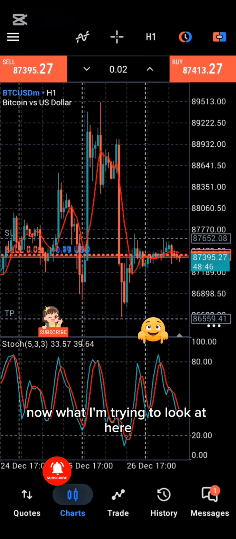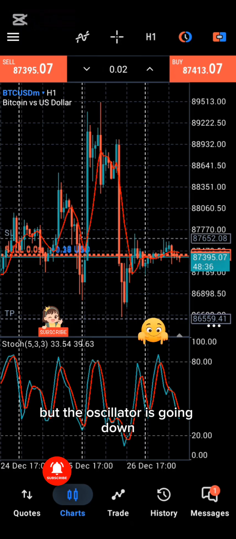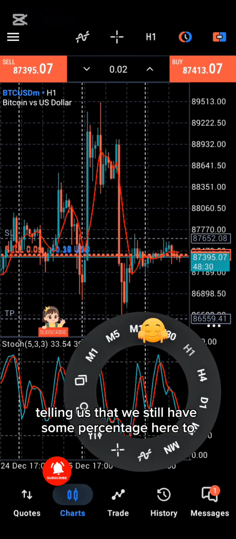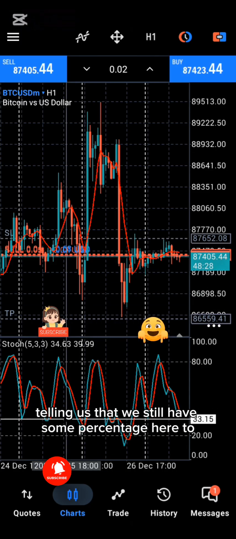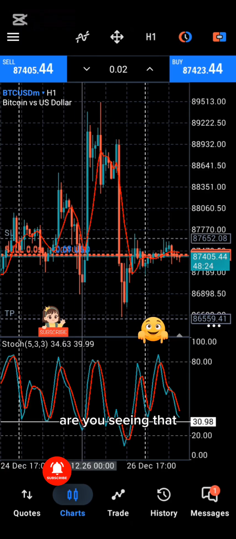Now what I'm trying to look at here, I'm seeing that the moving average is consolidating, as you can see in the market here, but the oscillator is going down, telling us that we still have some percentage here to earn from this market. Are we seeing that?